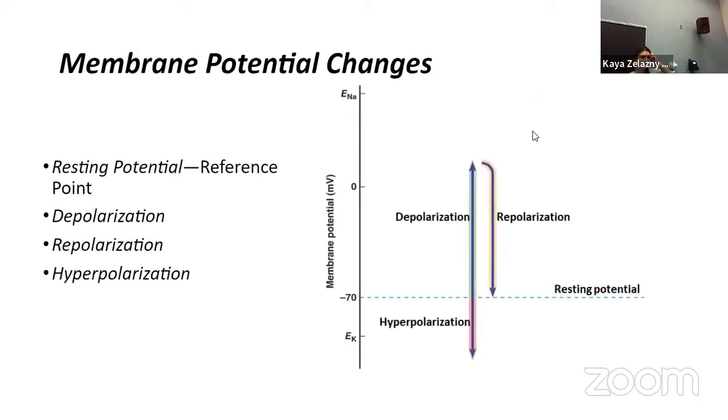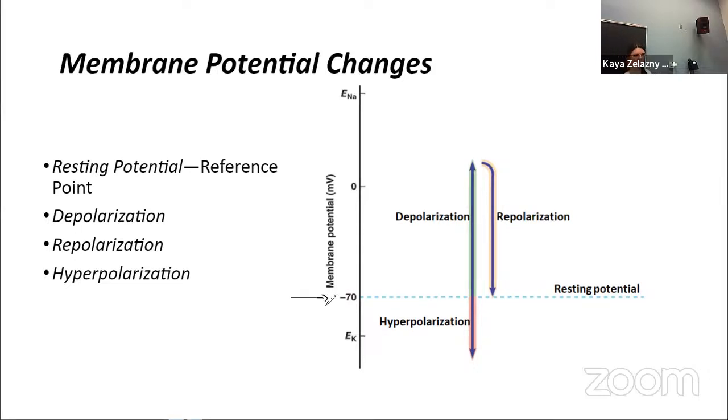Okay. So when we think about these membrane potential changes, we use various different words to describe the direction of that change. Our resting membrane potential, -70, is our reference point.